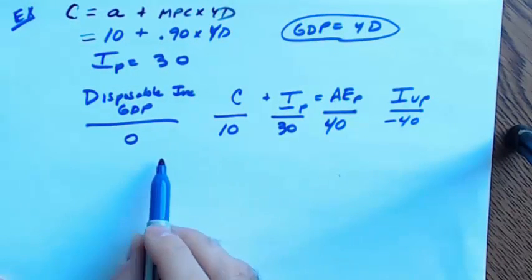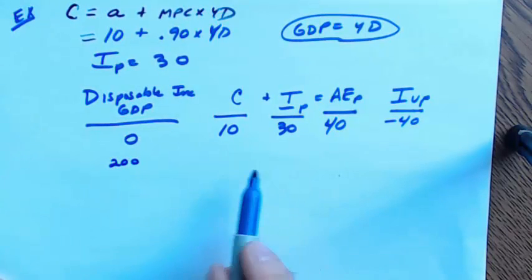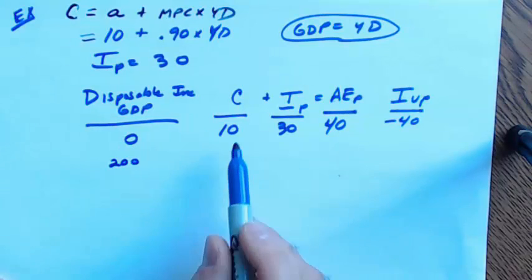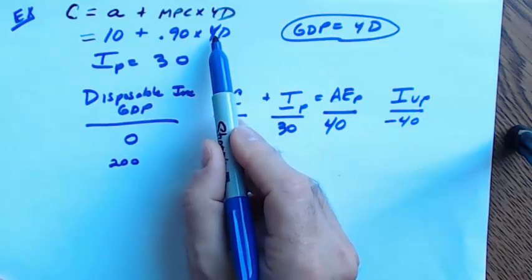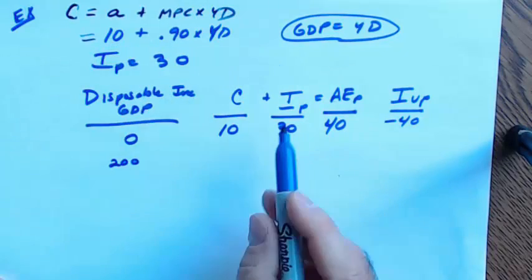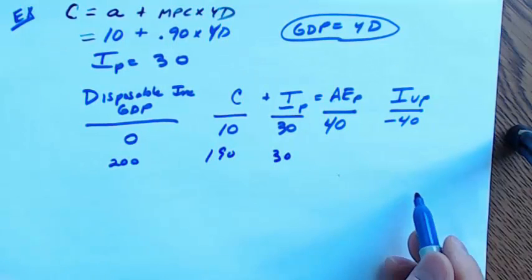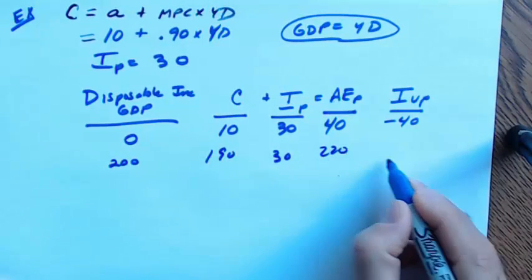Okay. So now I'm going to just jump up $200 in disposable income, or GDP in this case. And so plug $200 in disposable income. 200 times 0.9 is 180, plus 10 is 190. Planned investment is still fixed at 30. Total planned aggregate expenditures is 220.